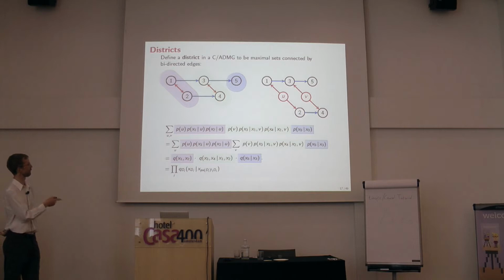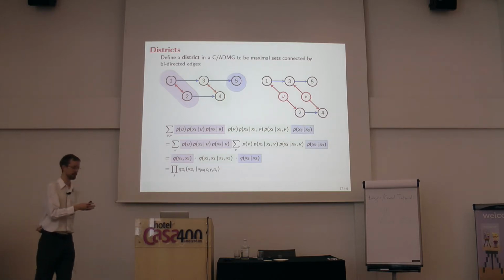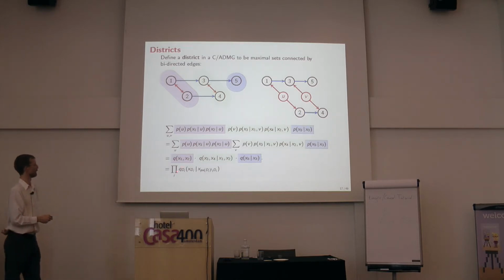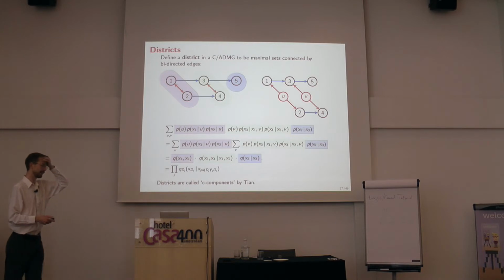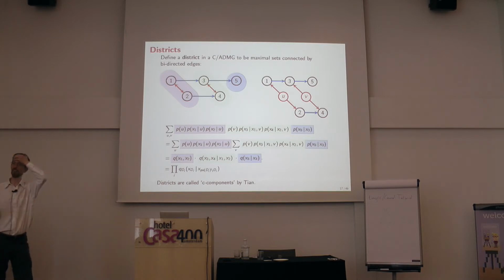So we can factor into distributions over these, which are not necessarily ordinary conditional distributions. But we can factor into distributions over a set of variables in a district, conditional on the parents of the district that are not in the district itself. And these were also called C-components in Tian's work.